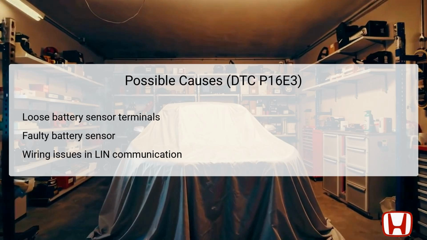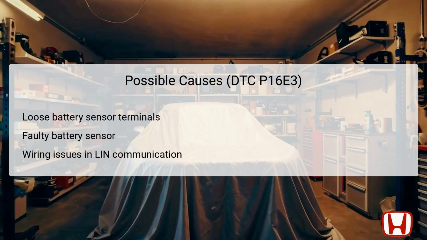Several factors may lead to the P16E3 error code. Loose battery sensor terminals can prevent proper communication between the battery sensor and the vehicle's control modules. This is often a simple fix of tightening connections, but requires inspection. A faulty battery sensor itself can also cause this DTC.